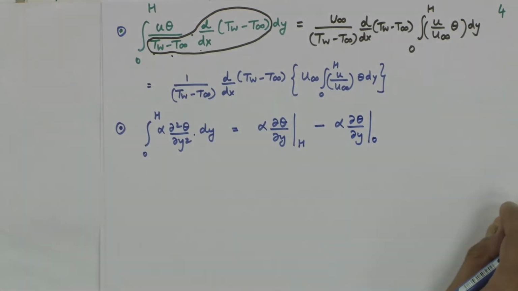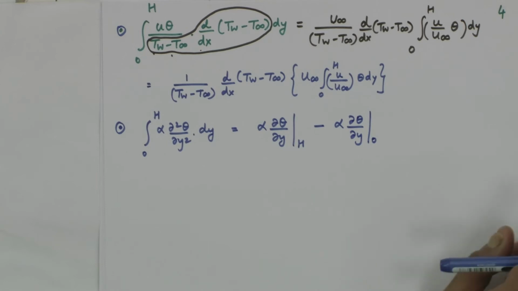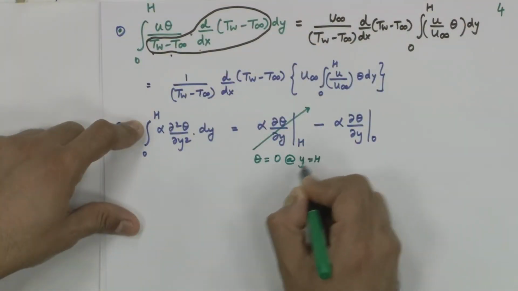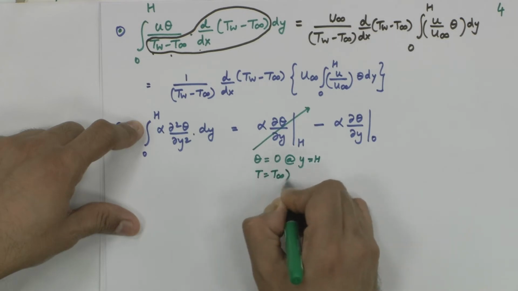What is the gradient at h, which is far away? It is 0. So this term drops off because theta is equal to 0 at y equal to h, or T equal to T infinity. You can write both.